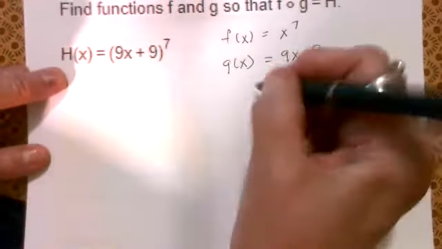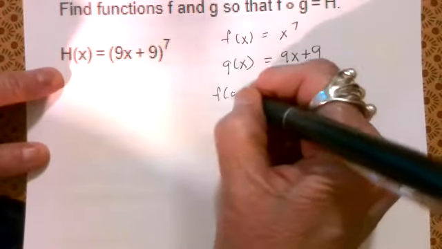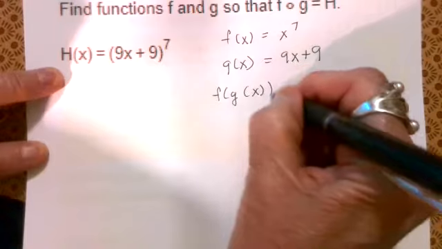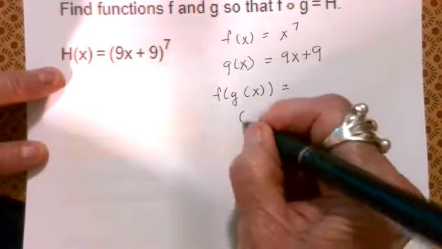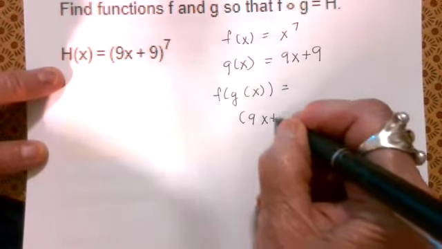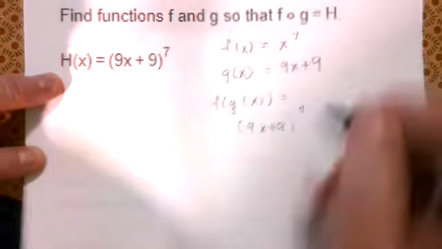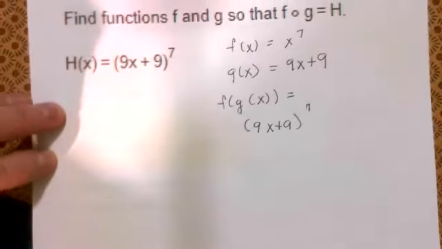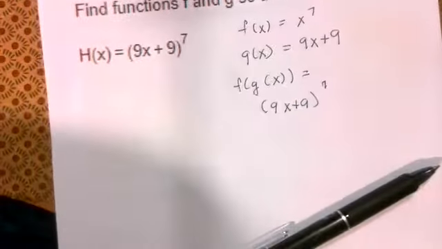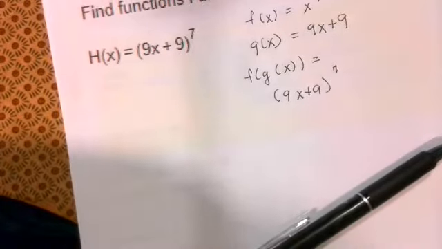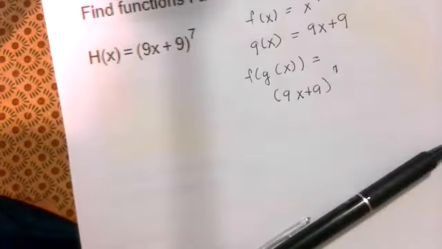But if you did use this, f of g of x would be equal to, well, you put the 9x plus 9 inside where x is. So you could have a problem like that. Question about that, anybody? No, about anything?